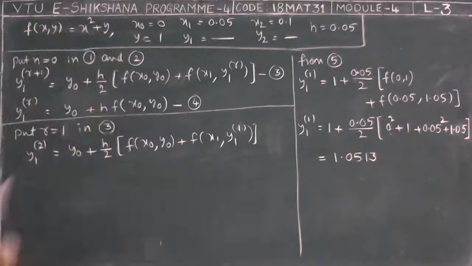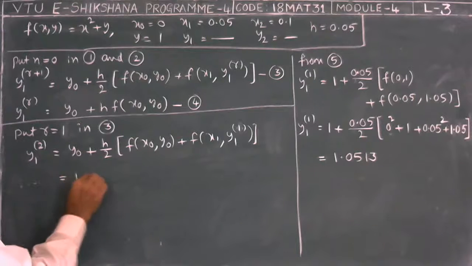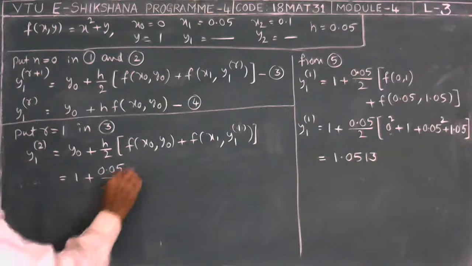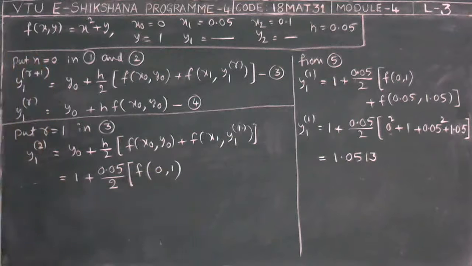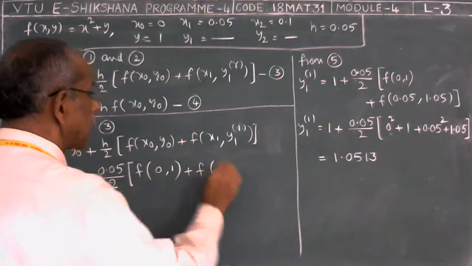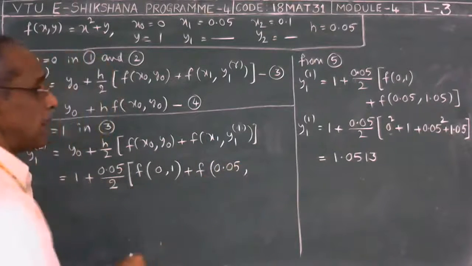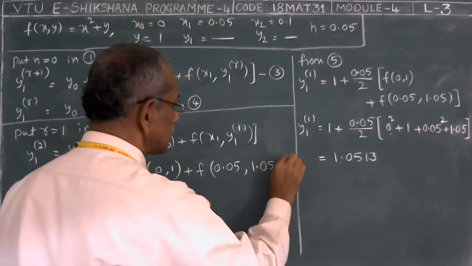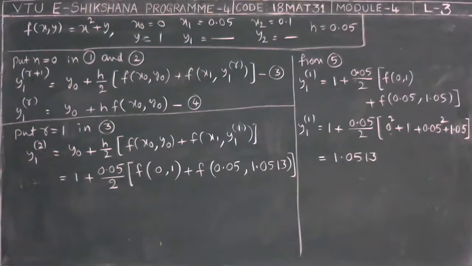So I can straight away compute that. So y1 2 is y0. Y0 is 1. H is 0.05 divided by 2 into f of 0 comma 1. X0 is 0, y0 is 1, plus f of x1, 0.05, y1 1 is 1.0512. Close the square bracket.